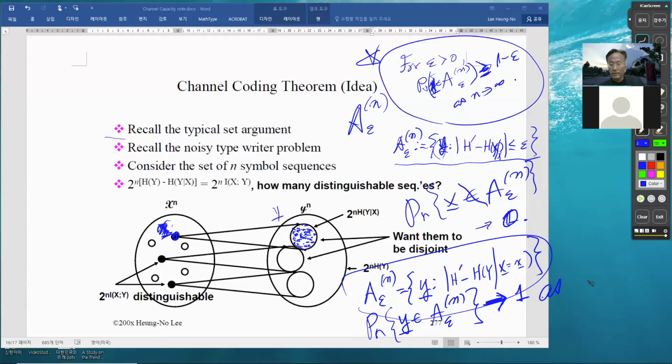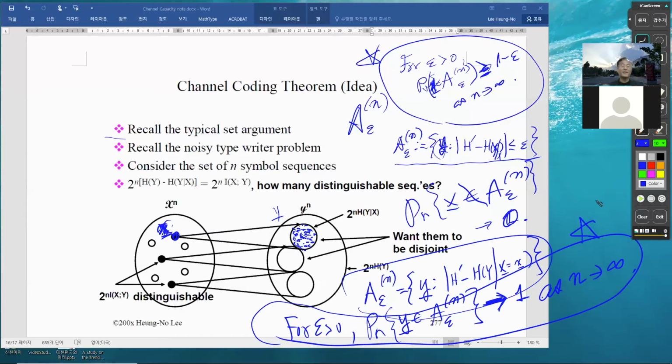This occurs for any epsilon greater than 0. That's the application of the typical set argument we learned in chapter 3 to the channel coding theorem.